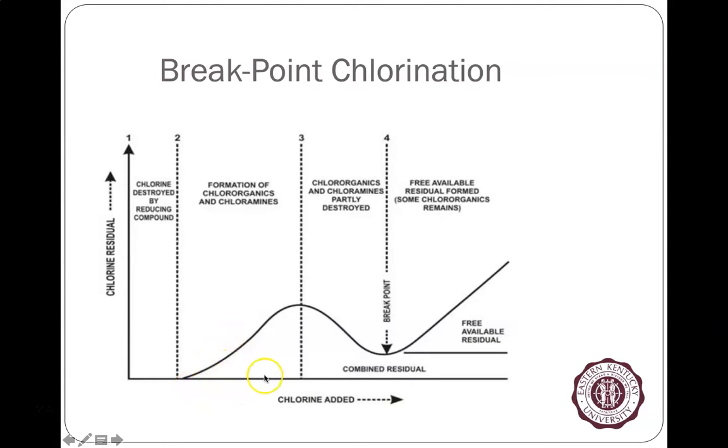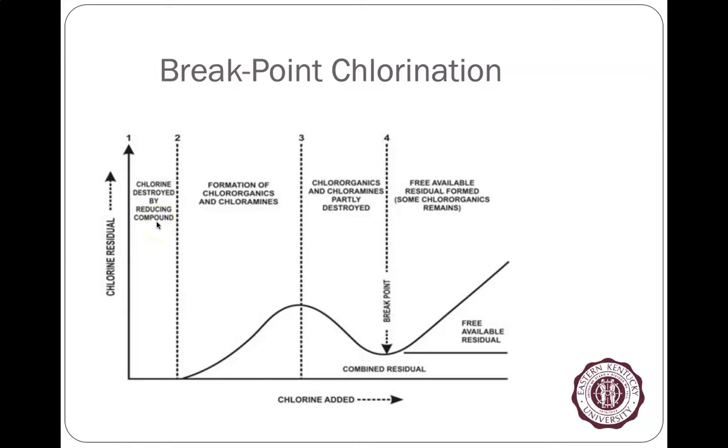Water plants don't do this every day, but they know what these are like for different times and seasons of the year. So in this example, notice that as we add chlorine, the first bit of it is immediately destroyed by reducing compounds.